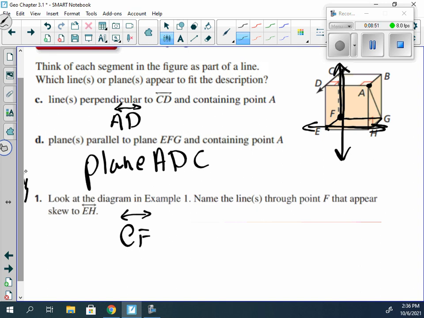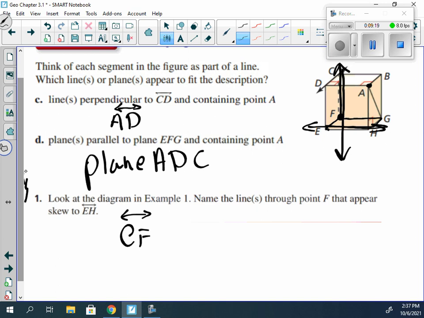FG is on the same plane, so even though they don't intersect, that would be considered parallel, because same plane and not intersecting is parallel. AH would intersect line EH at point H. So it wouldn't be skew. Skew does not intersect. Perpendicular would. So AH would be perpendicular.